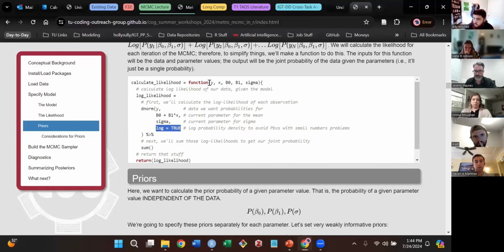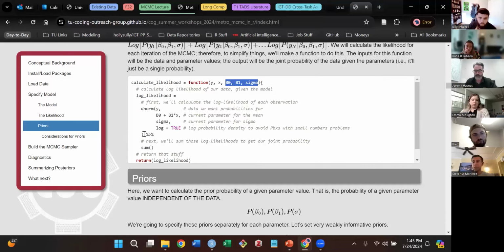When we pass the y and the x's, so the years using fentanyl, these are vectors. The parameter values are just going to be single values that we're going to pass to this function.